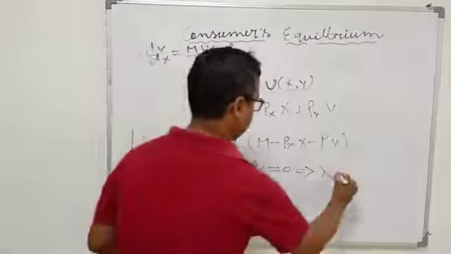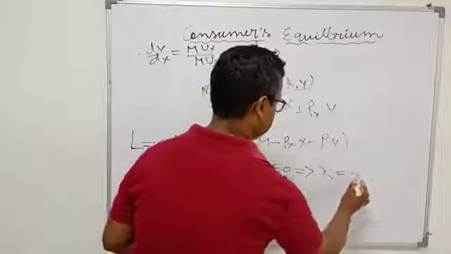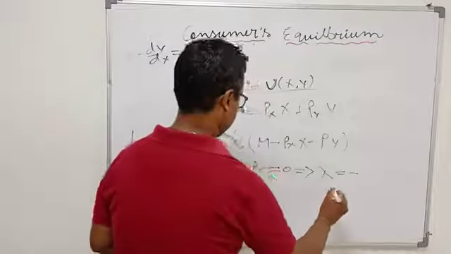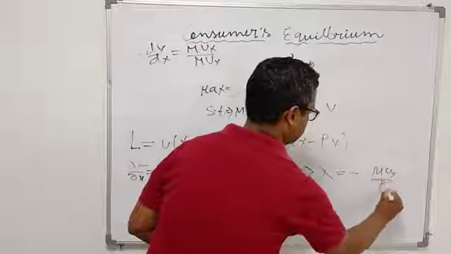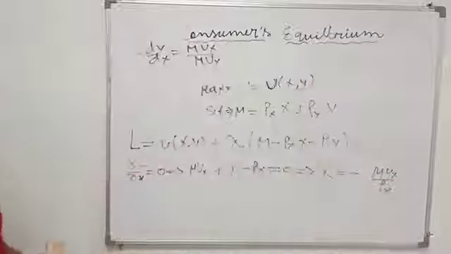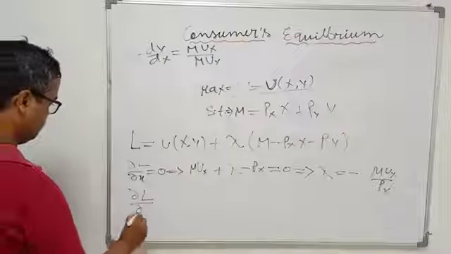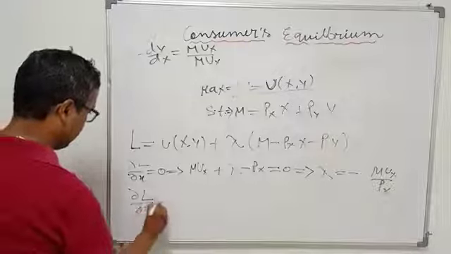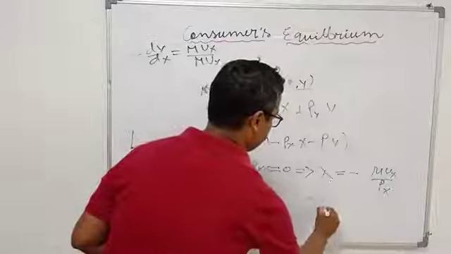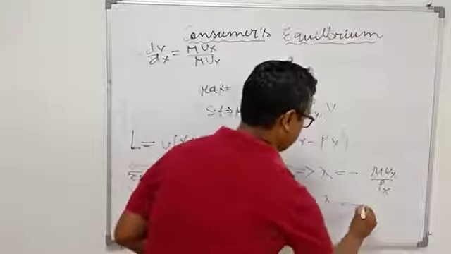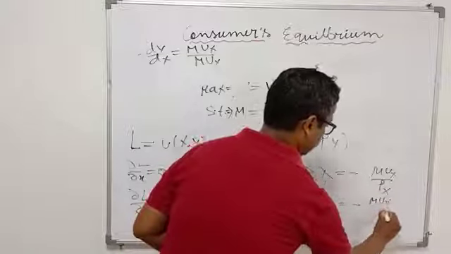What does it mean? It means lambda equals minus marginal utility of x by px. I am just writing this. Similarly, if I go for partial differentiation with respect to y, ultimately in terms of lambda we are going to get minus marginal utility of y by price of y.